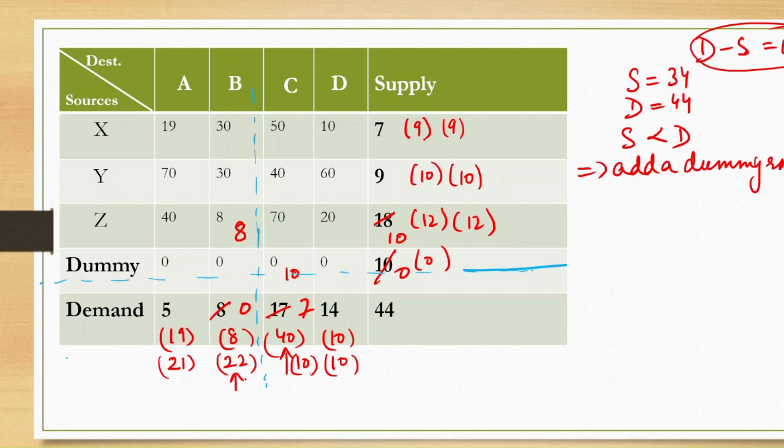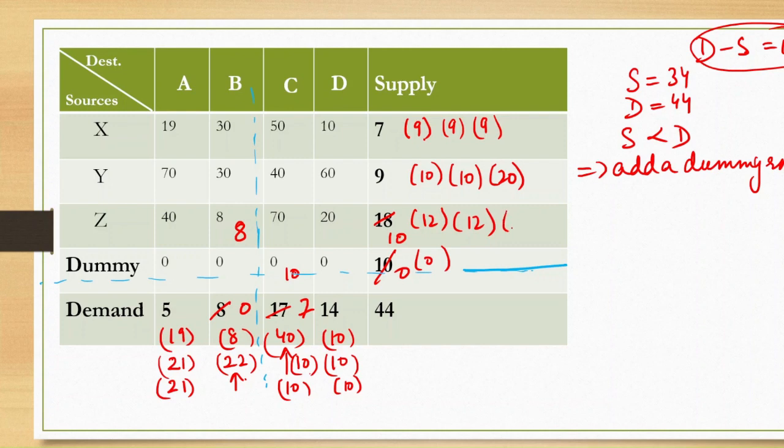So this destination B has taken all the units, whatever was the demand available to them. So this is gone. So now calculating the penalties again, this would be 21 and this is 10 again, 10 again. There is no difference in this. There could be difference here. So it would be now 9. This is 60 minus 40.